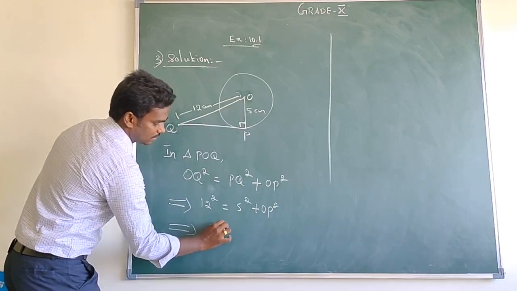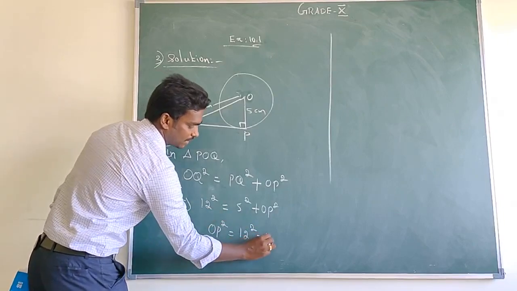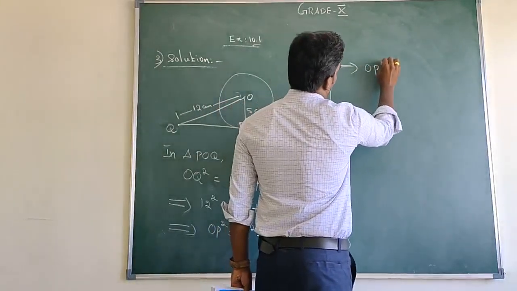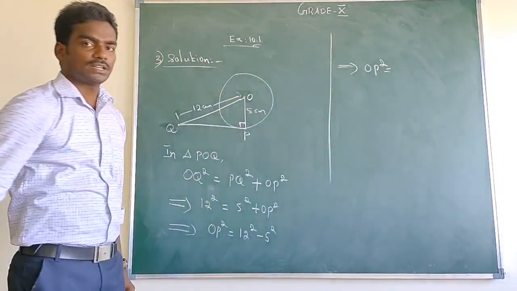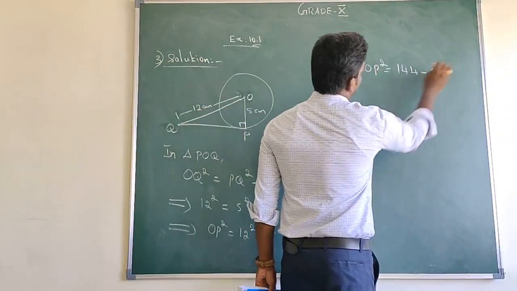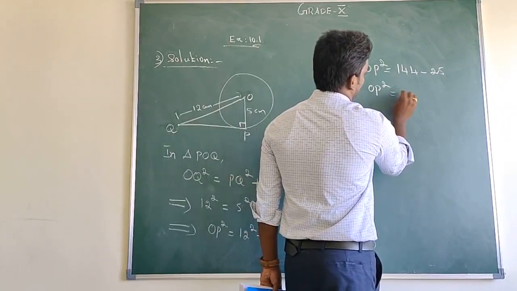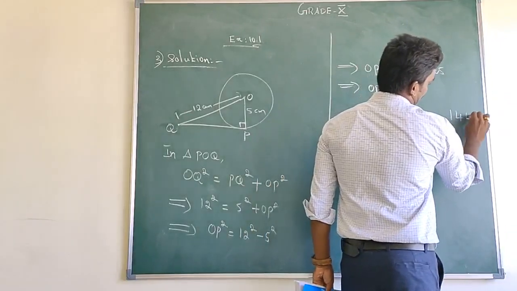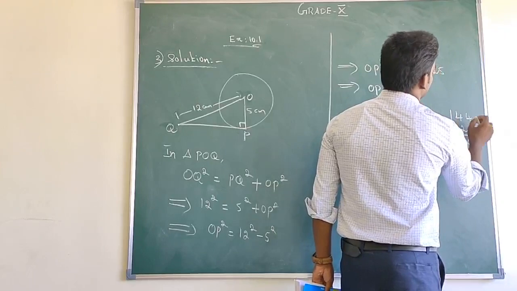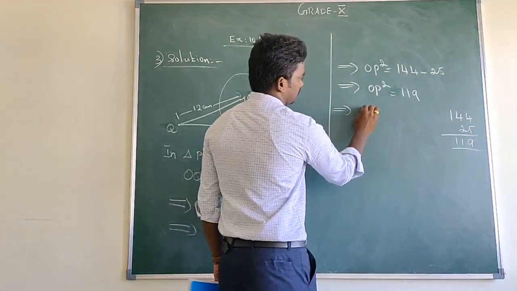This implies OP square is equal to 12 square minus 5 square, transposing. So OP square is equal to 144 minus 25, which is 119.